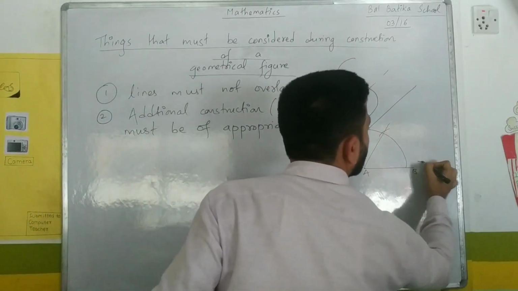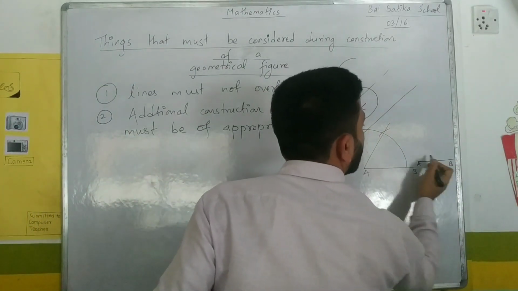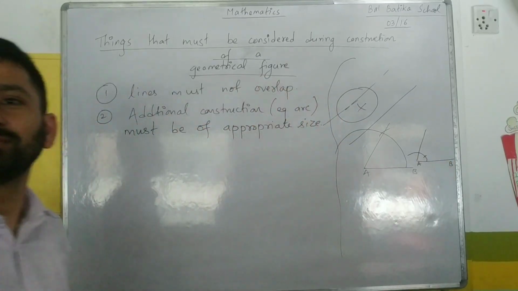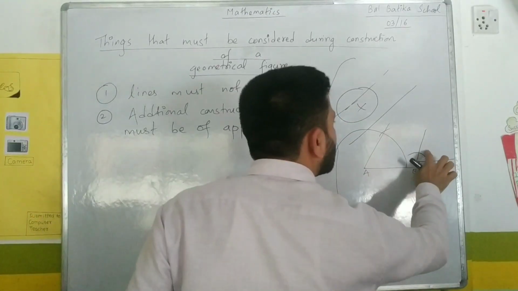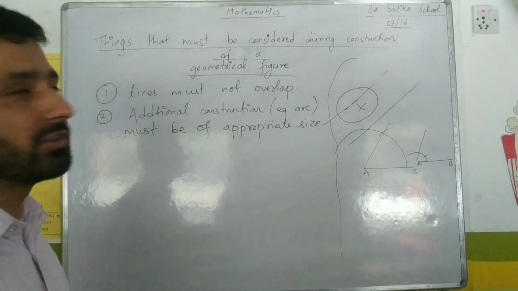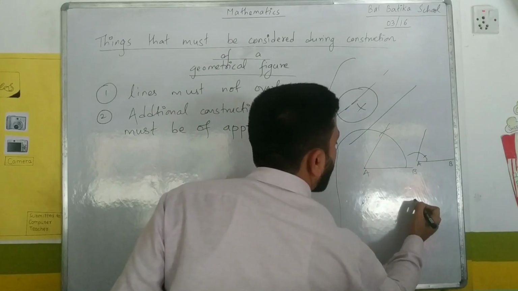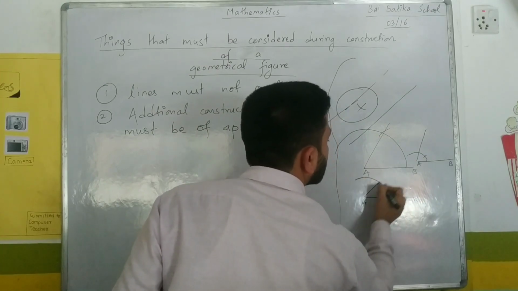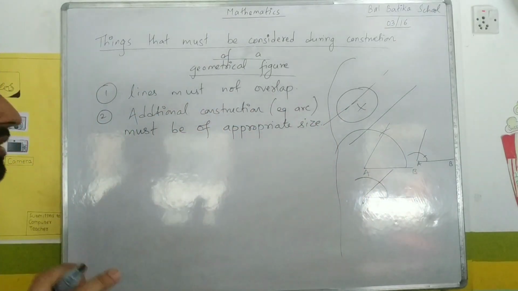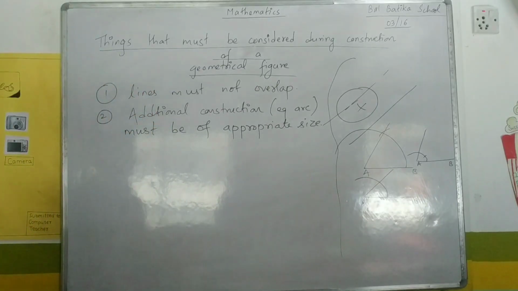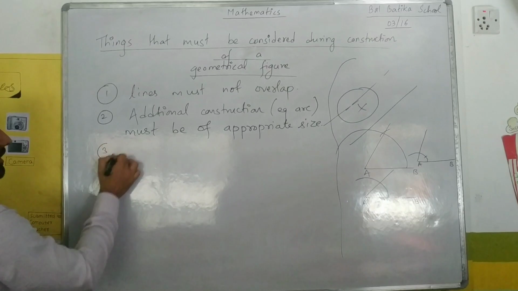Another one, AB, if I make the arc too small, this also doesn't give the construction of the geometrical figure in a proper manner. That means it must be of appropriate size. Identify what appropriate size we have to construct according to the given things. Okay, I hope you are clear about that.